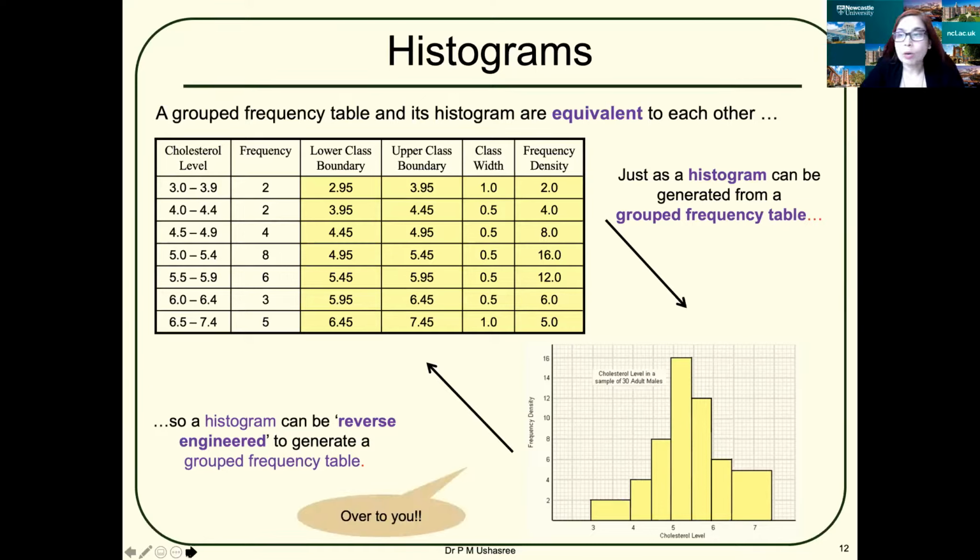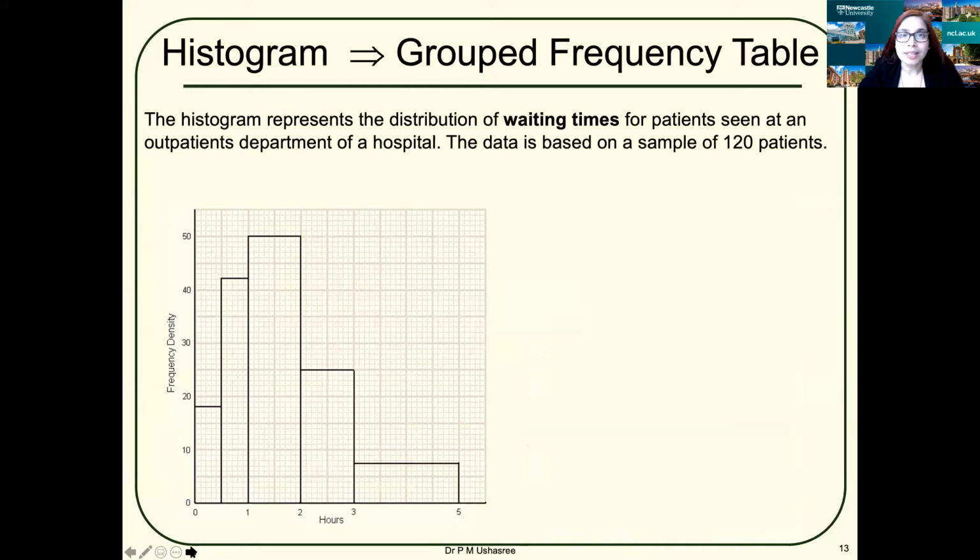Okay. Now over to you. I have a few questions to ask. Please answer the question down here. The histogram represents the distribution. I'm going to ask another question. It's a beautiful question which will help you understand whether you understood the topic. The histogram represents the distribution of waiting times for patients seen at an outpatients department of a hospital.